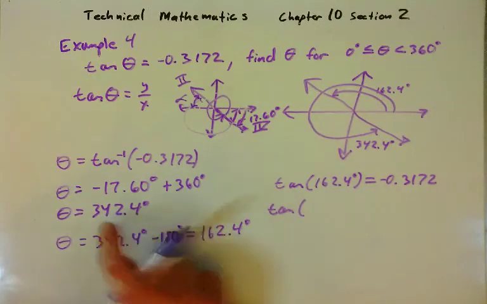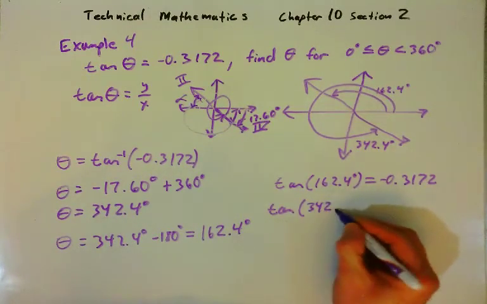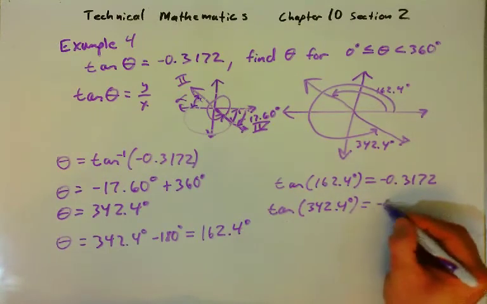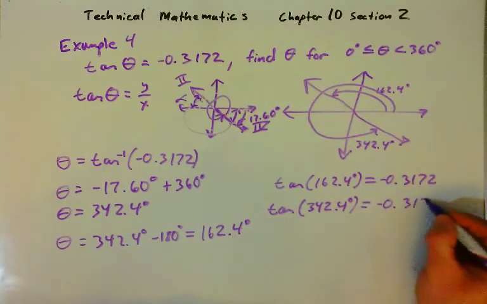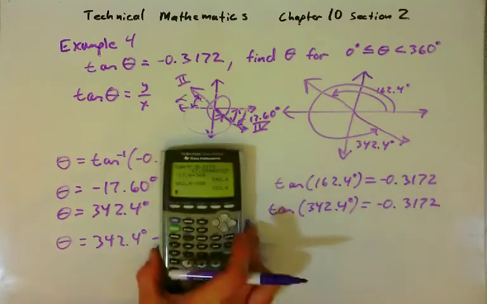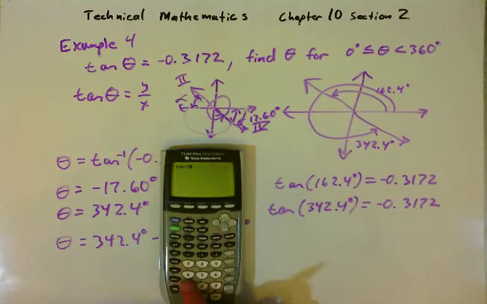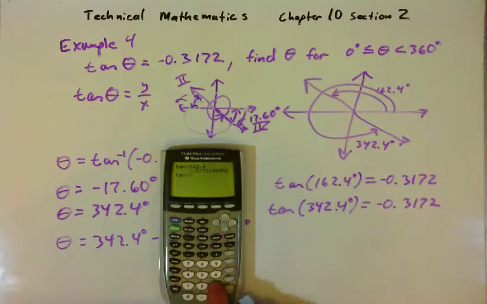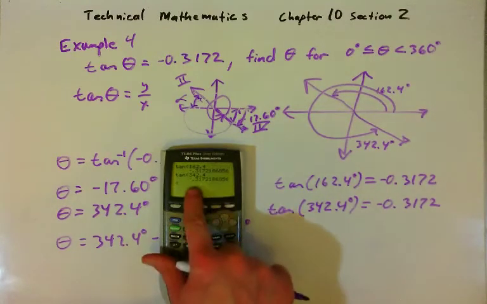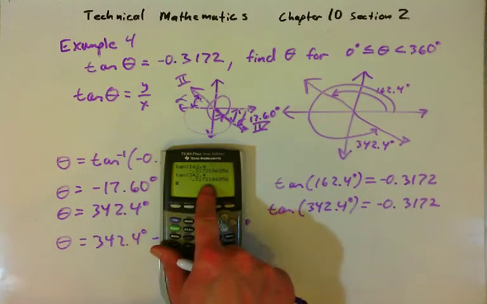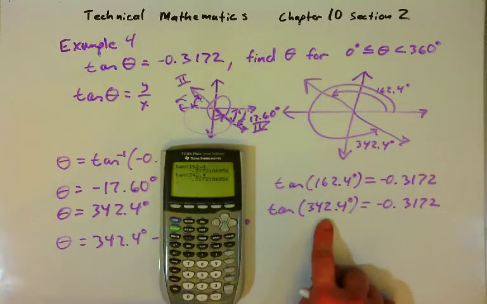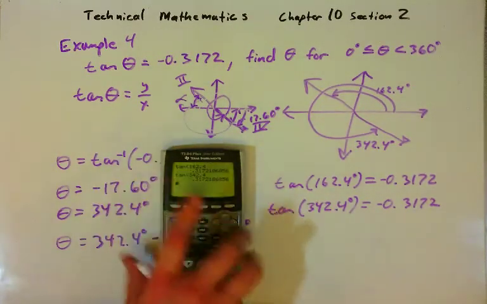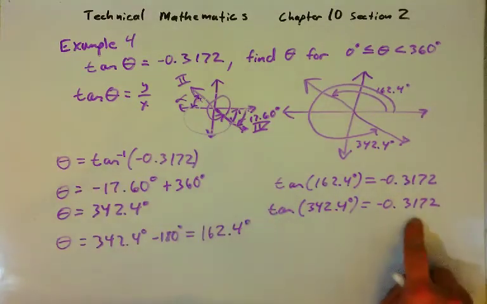We also think that the tangent of 342.4 degrees should also be equal to negative 0.3172. And so let's check our answers. The tangent of 162.4 degrees is negative 0.3172, and the tangent of 342.4 degrees is negative 0.3172. And so again, there's always going to be two answers. If you have to use the inverse tangent to find an angle, you're always going to end up with two different answers for that angle.